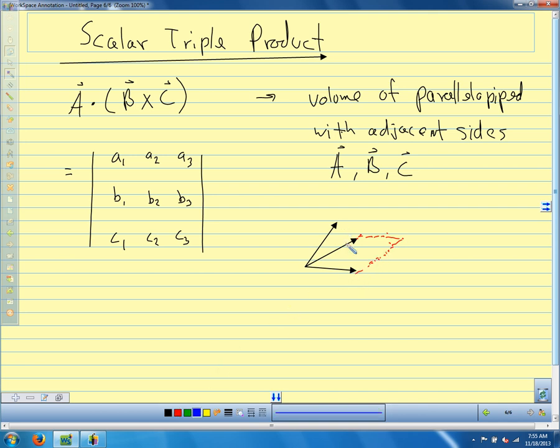I'll do the top in blue. I just need to make this a little smaller. There we go, that looks a little better. So there's my parallelepiped. I'll do this side in green.